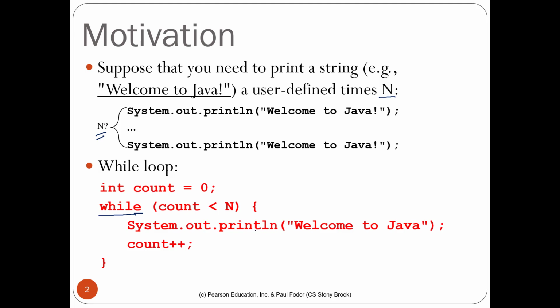We run that system.out.println to print welcome to Java, and since you have printed that once, you need to record that. And how do we record? We record how many times we have run the loop in this count variable. And this count will only equal n when you have printed the statement that many times. So that's how the while loop works.